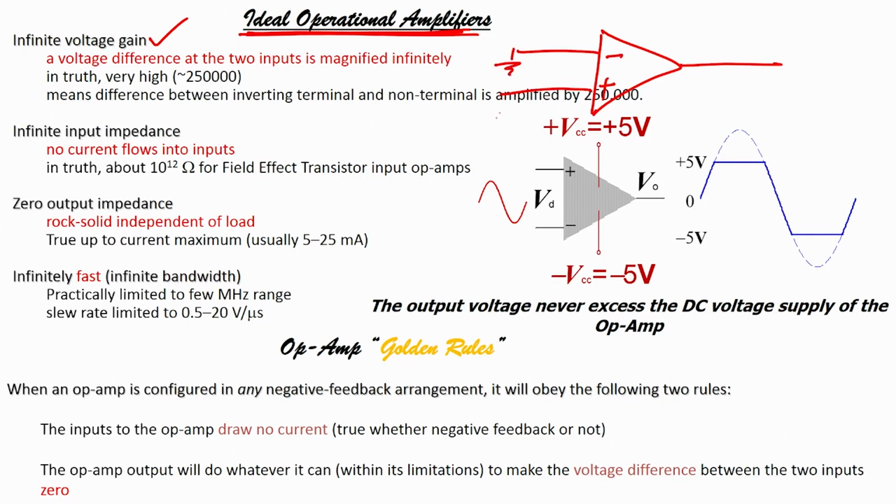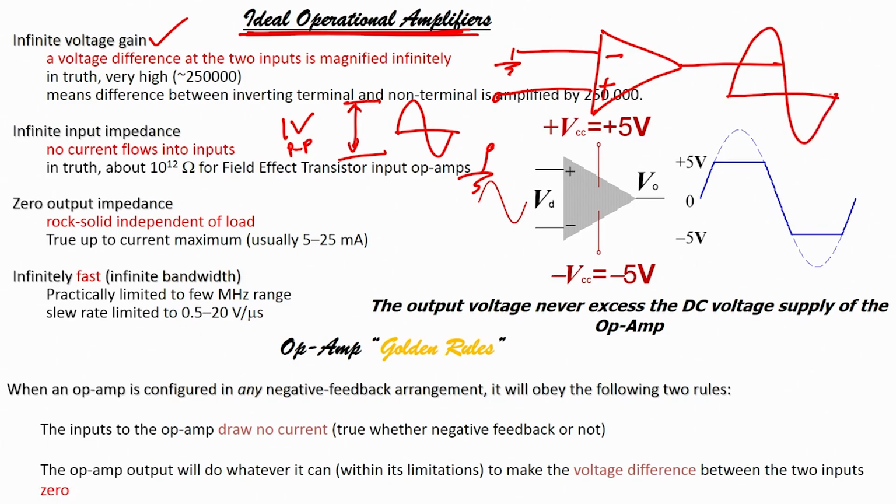Suppose I am grounding the inverting terminal, and at the non-inverting terminal I am applying a signal of, let us say, 1 volt peak to peak. And it has infinite voltage gain. That means at the output, can I generate a voltage which is 100 volts peak to peak, because it has infinite gain, right.